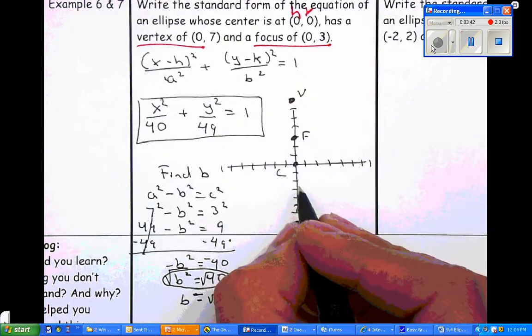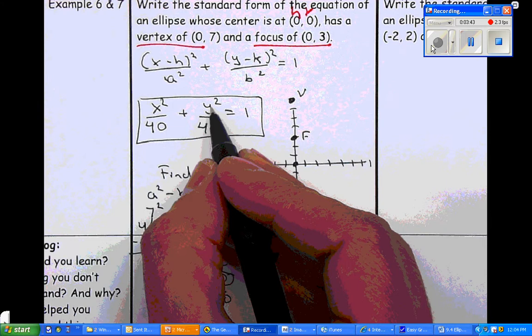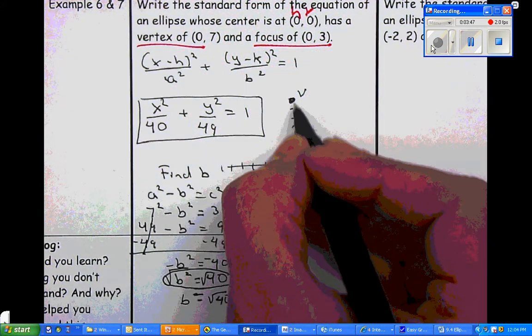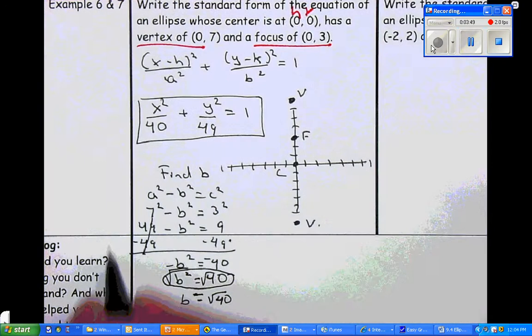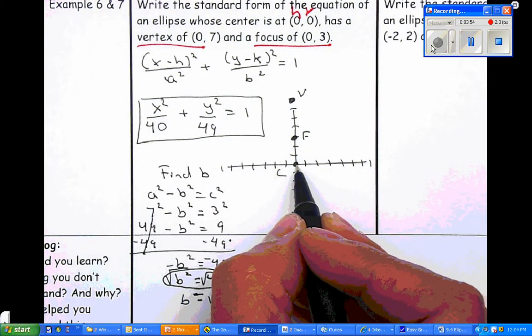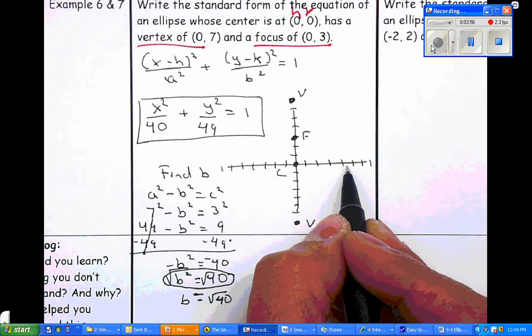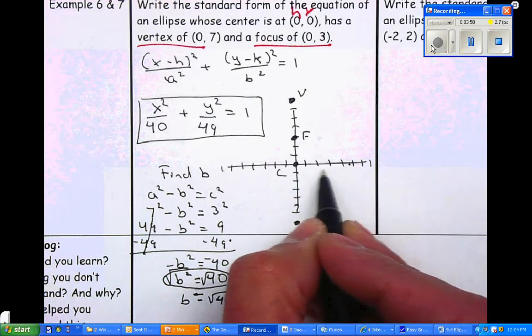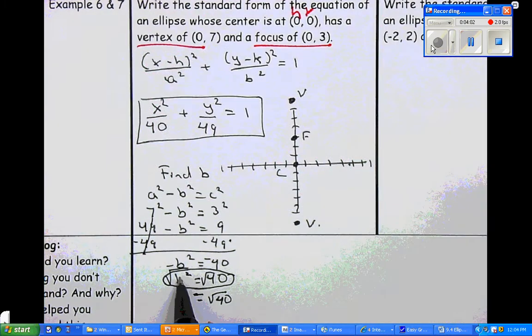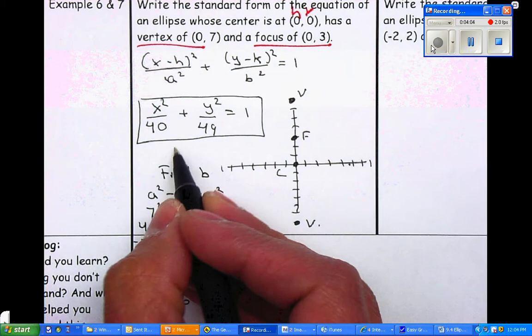The only thing I want you to focus on is that the value under y squared is how much you went up and down. The value under x squared is the distance from the center to your co-vertex, or just to the sides. In this case, b squared is equal to 40, and that's what we wrote down.